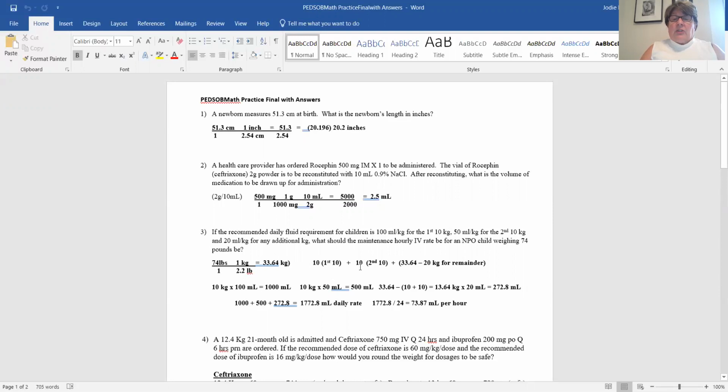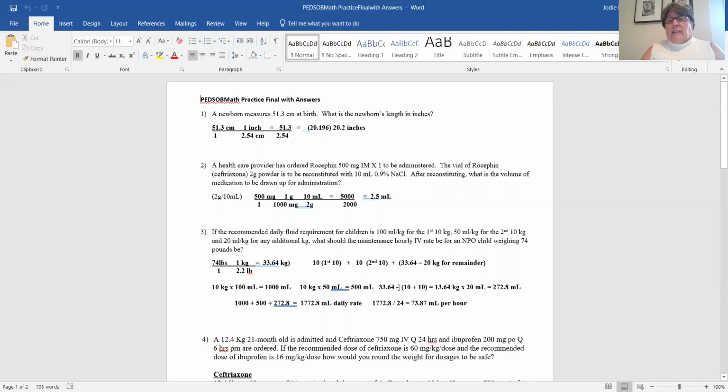And then you're going to look at your second 10, which is from 10 to 20 kilograms, and that's going to go down to 50 milliliters per kilogram. So you'll have 500 more milliliters. So the first 10 is 1,000. The second 10 is then 500.